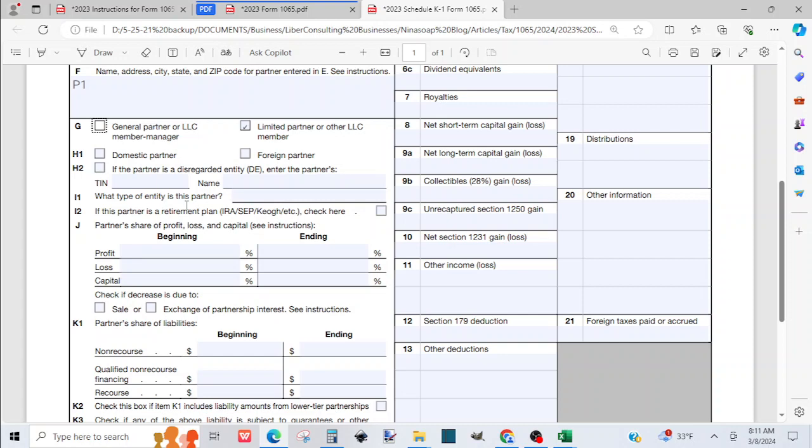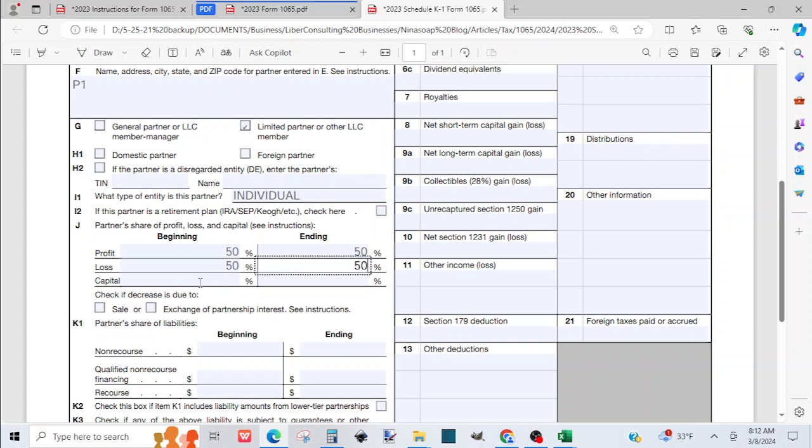What type of entity is this partner? So you'll put individual. For the partner share of profit, loss, and capital, assuming it's just the same, it didn't change, we'll put 50%, beginning, ending. If there is a loss, it will be the same.